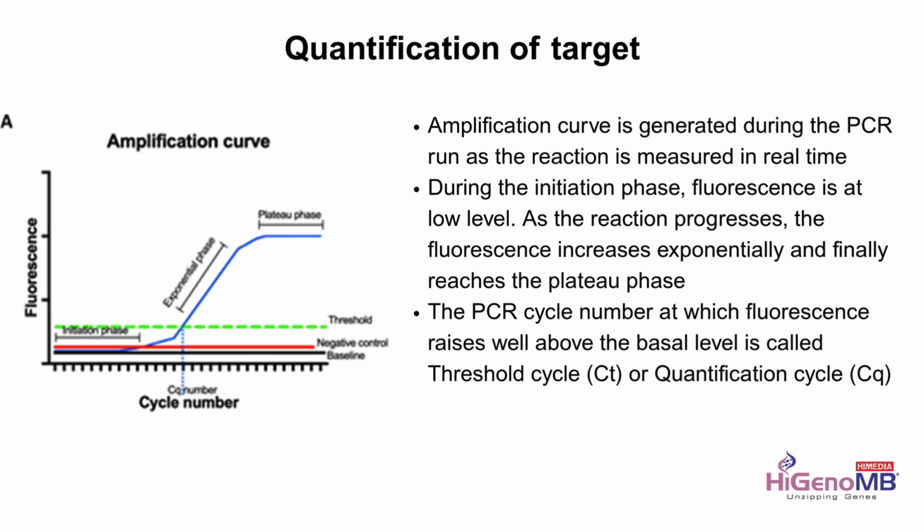So the cycle number of the PCR where this substantial increase of fluorescence from the background happens is called the threshold cycle or quantification cycle. So I will explain why it is important.